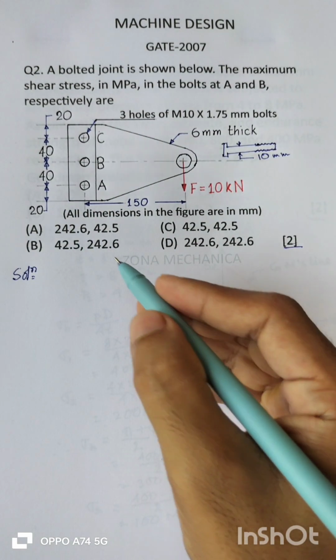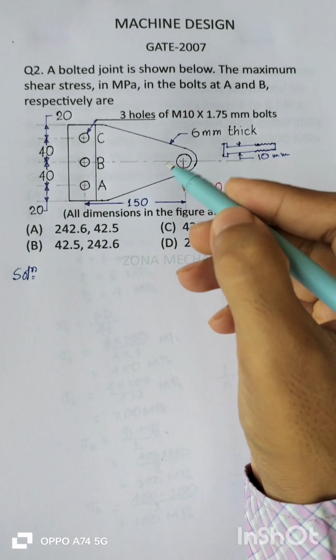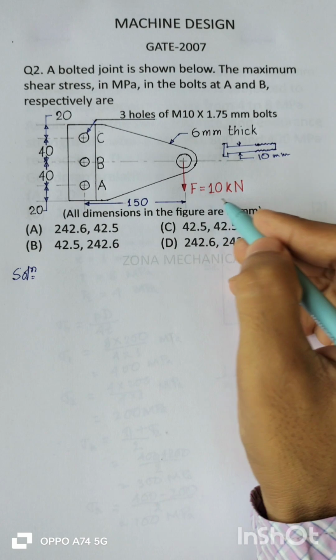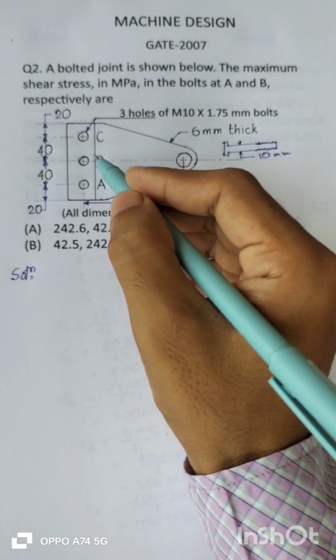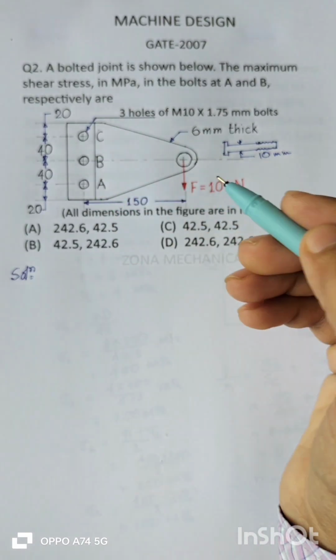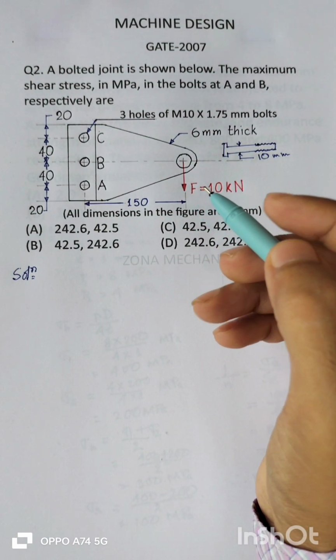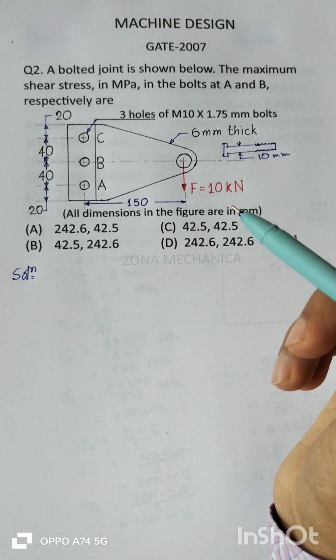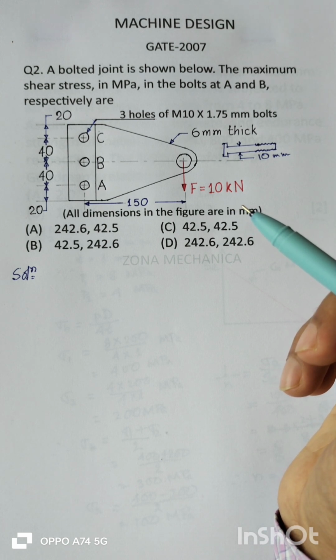So as you know that these 3 bolts will share this load. There will be working 2 types of loads in the bolts. One is primary load and another one is secondary shear load.